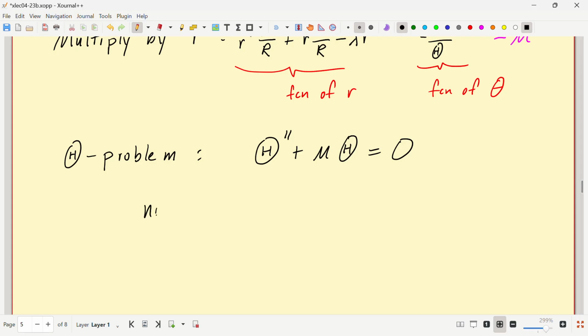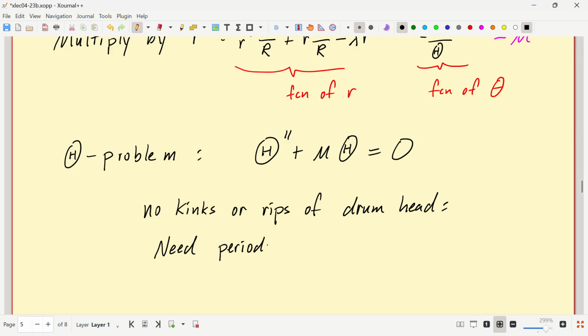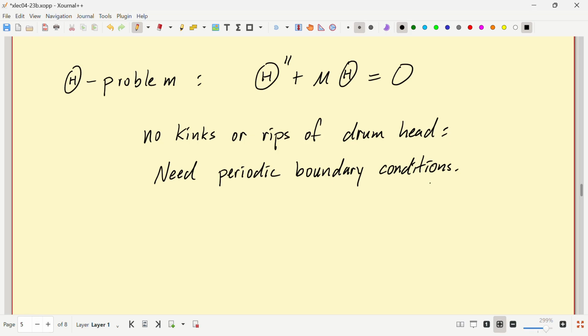So if we're going to get no kinks or rips in the drum head, then we better have periodic boundary conditions for the theta problem. Okay, so that's going to be an easy one to do. We've done it before.